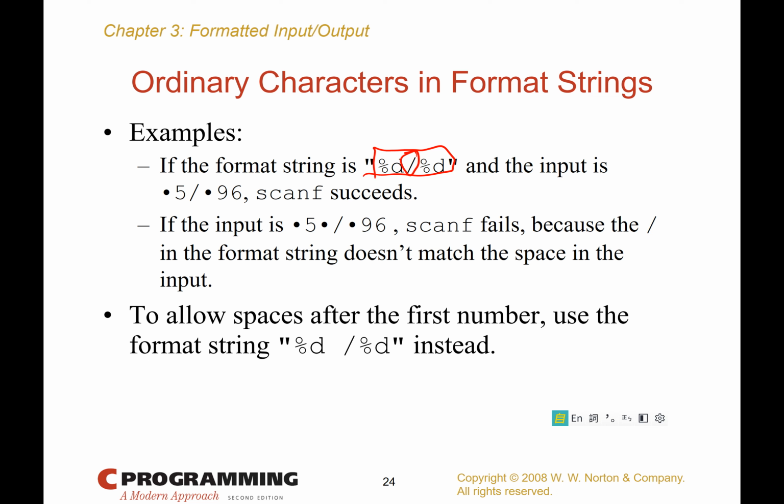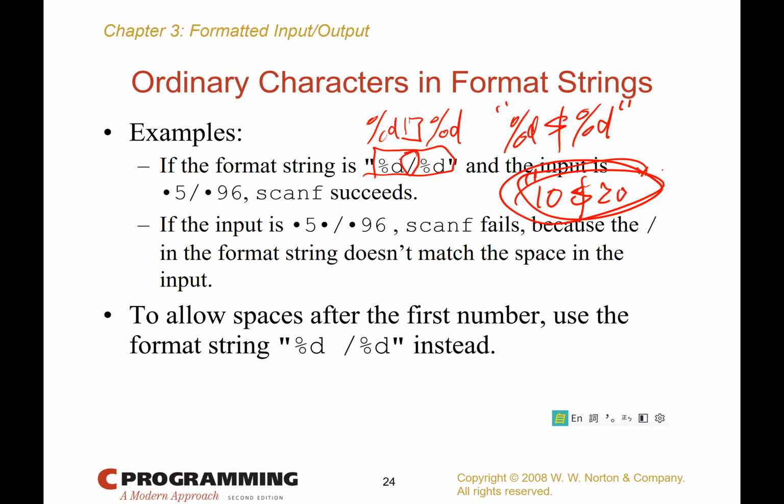Here we use a backslash, and you can use a blank. Percent d, blank, percent d, or you can use a dollar sign. Percent d, dollar sign, percent d. So when you input, you put a 10 and a dollar sign and a 20, and this kind of input will match this format. The spacer is the dollar sign.